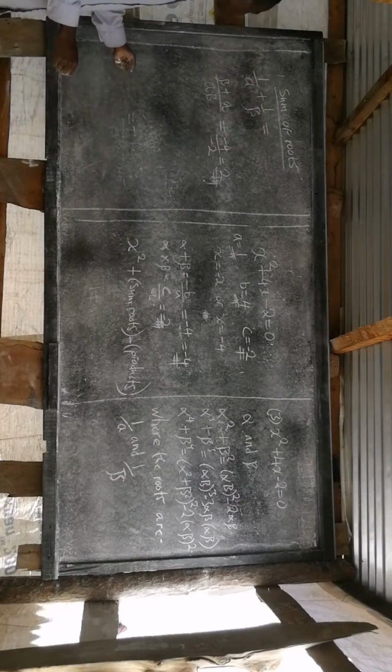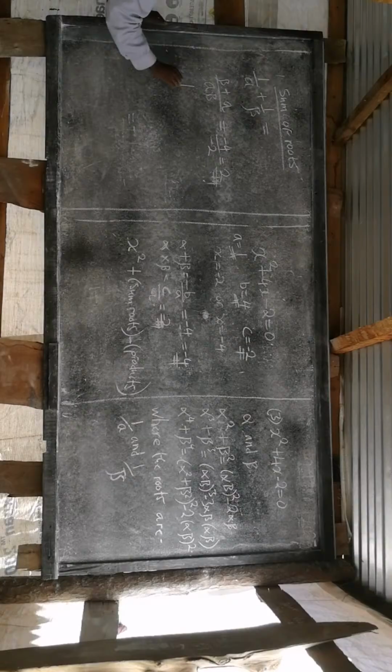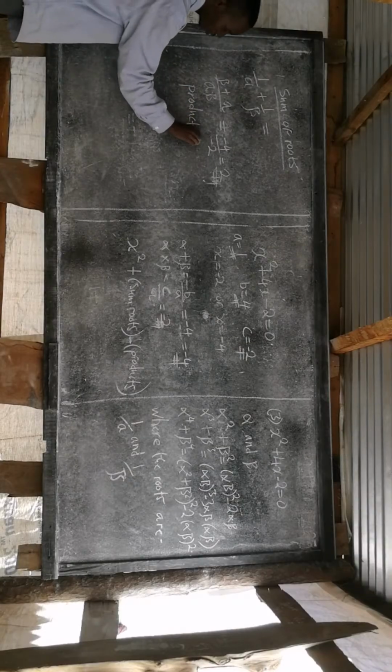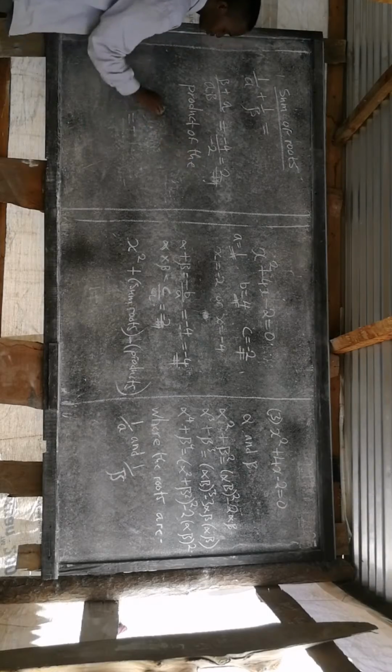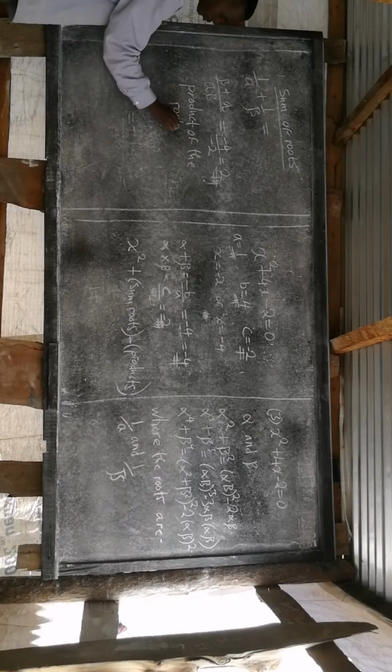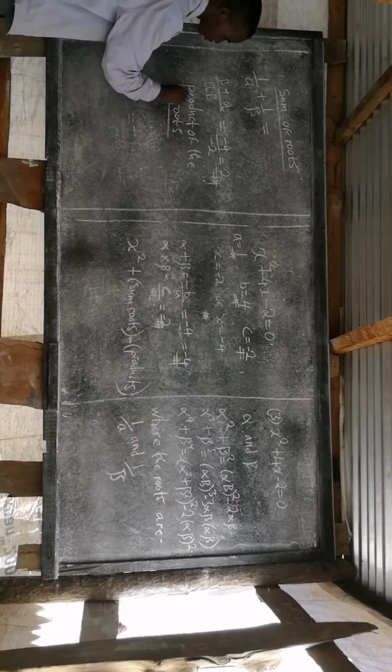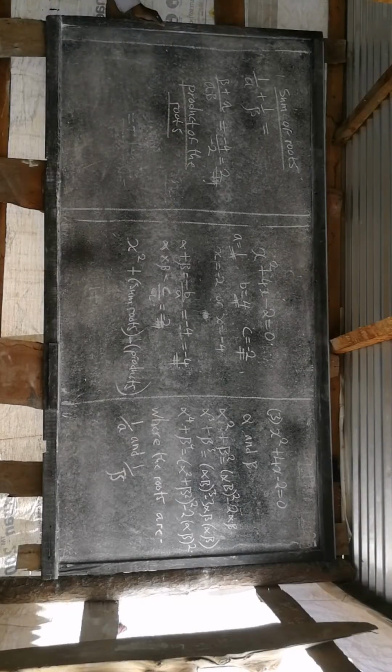So we do the same thing for the product of the roots. We just take 1 over alpha times 1 over beta.